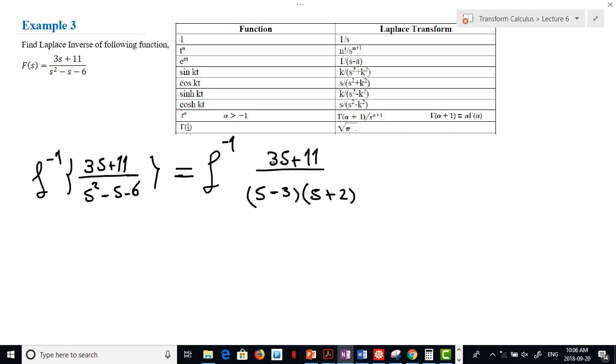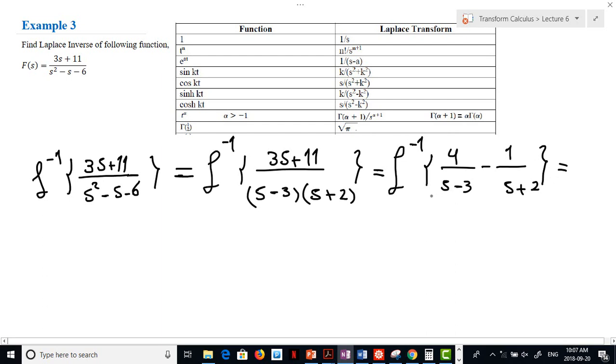I just factor the denominator, and I can say it's equal to the Laplace inverse of, so I represent this function like this, 4 over s minus 3 minus 1 over s plus 2.